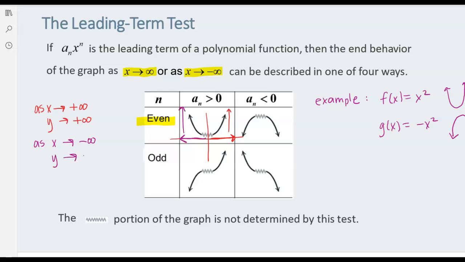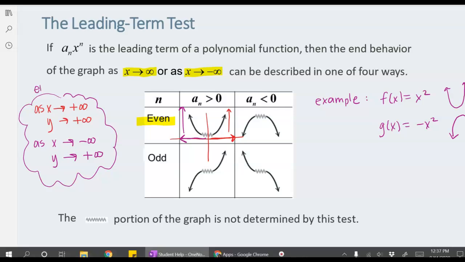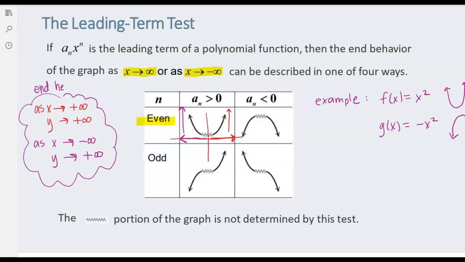Y is going to positive infinity. This is the way that we typically will write a description of the end behavior. We're talking about what happens way at the extremes of a graph, right?